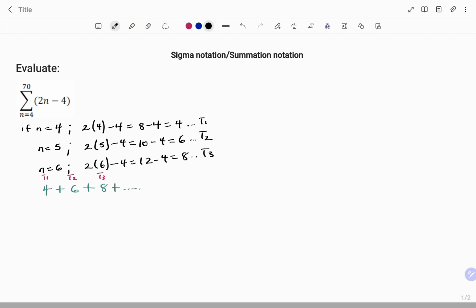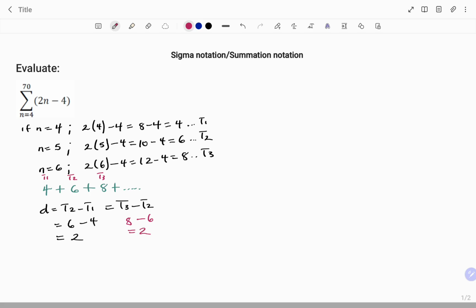In order to determine what a common difference is, our d is equal to T2, the term in front, minus the term behind. That should also be equal to T3 minus T2. That's our check. We have T2, which is 6, minus T1, 4. So therefore, our common difference is 2. The quick check is T3, that's 8, minus 6, that will give us 2.